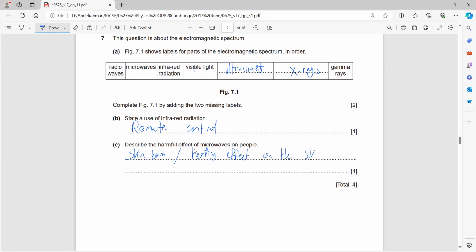Microwaves and infrared do not cause cancer or mutation. They cause skin burns or heating effects to the skin. Any questions?